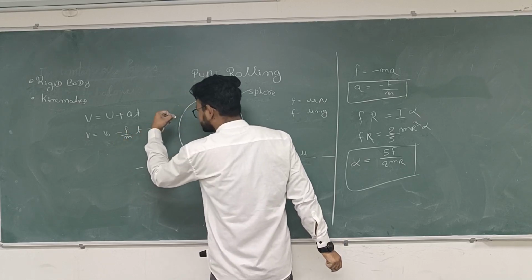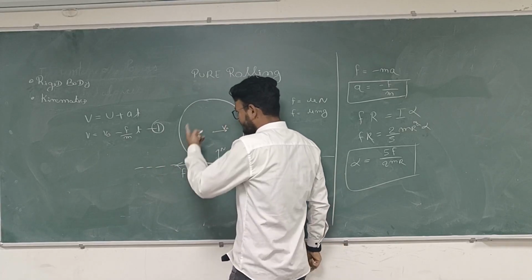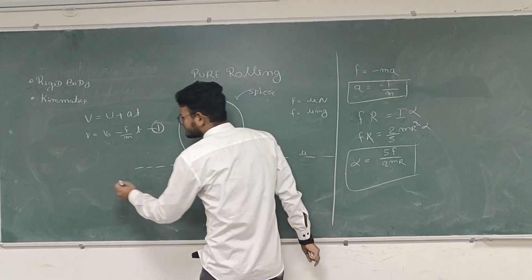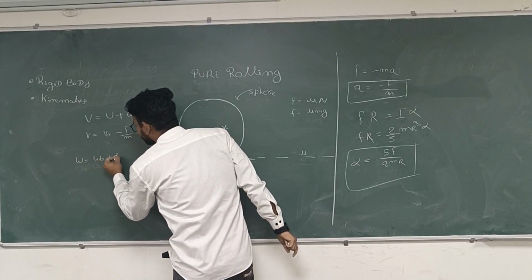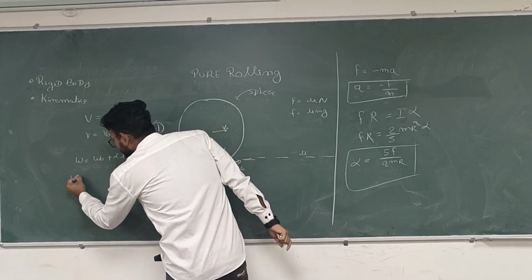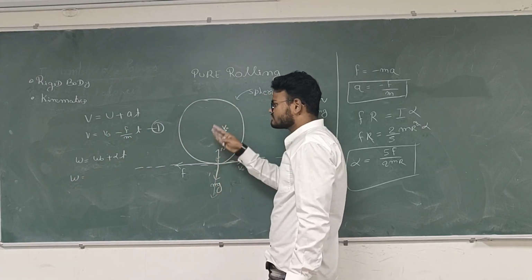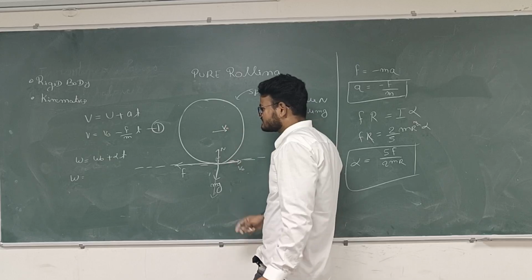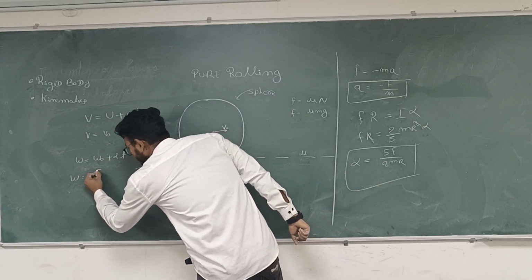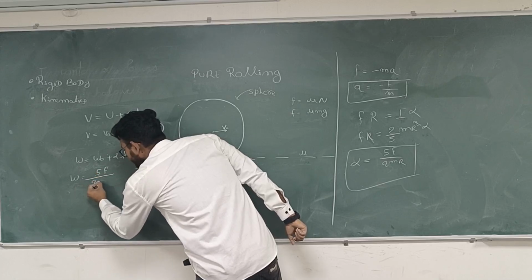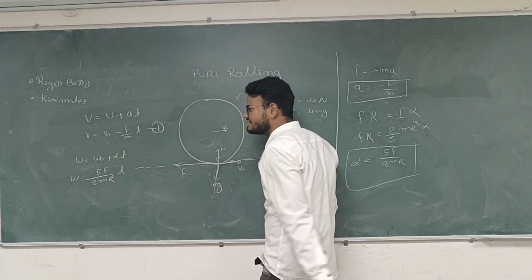This is our first equation. For rotational motion, omega equals omega naught plus alpha t. Omega naught is 0, because initially there is no rotation, so plus alpha, which is 5F divided by 2 m r, times t.